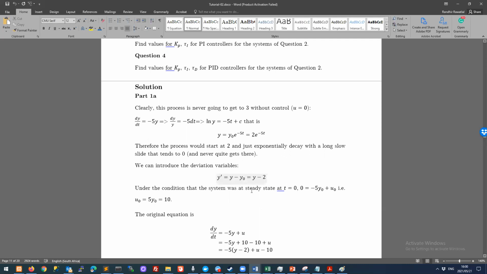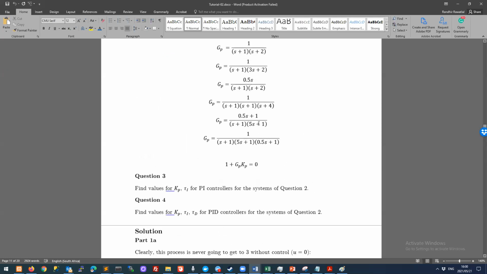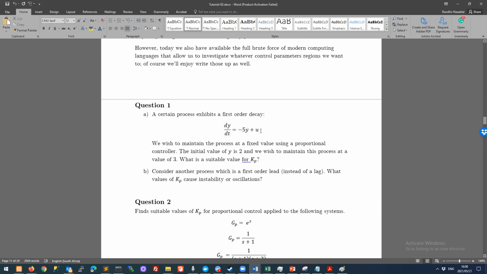And then we remember the other condition for deviation variables is that we want to be at steady state at t equals 0. So initially we were at steady state. So that initial value of 2, let's say the system was at steady state. And by the way, that means that the controller had to be operating then as well.